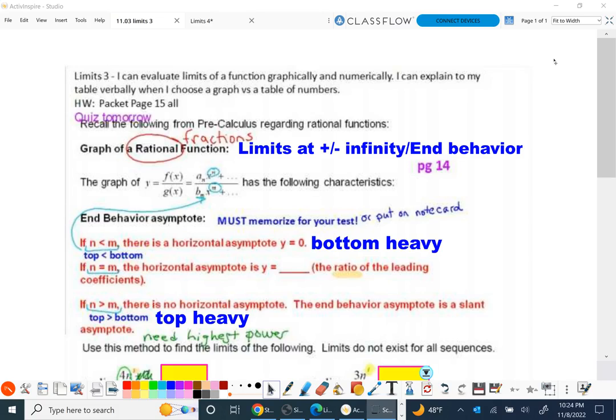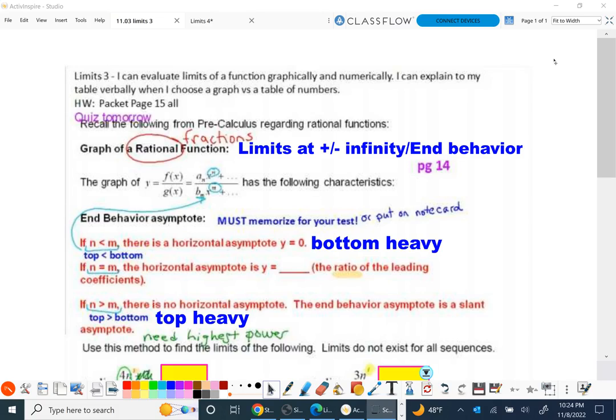So when we look at the degree of each polynomial, numerator and denominator, there's a relationship between the two. In the first case, where it says if n is less than m, that is saying that the degree of the polynomial in the numerator is less than the degree of the polynomial in the denominator.